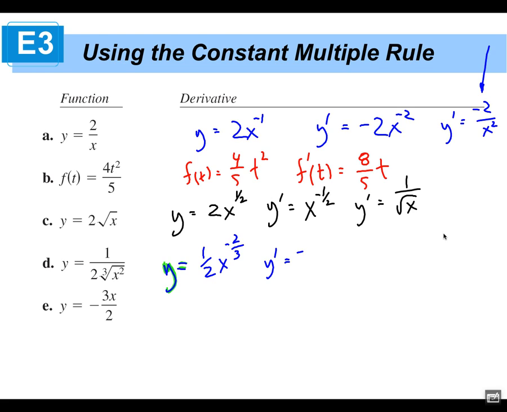Negative 2/3 times 1/2 is negative 1/3, x to the negative 5/3. Yep. Well done. Michael, back to you. What's the derivative of -3/2 x? It's just the derivative of -3/2 times x, which is just -3/2.